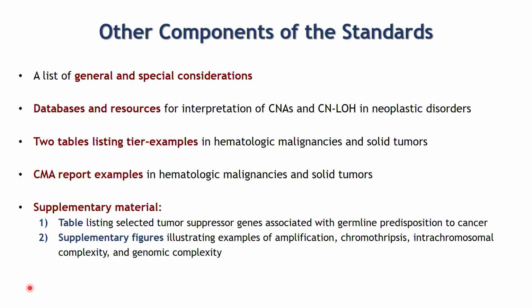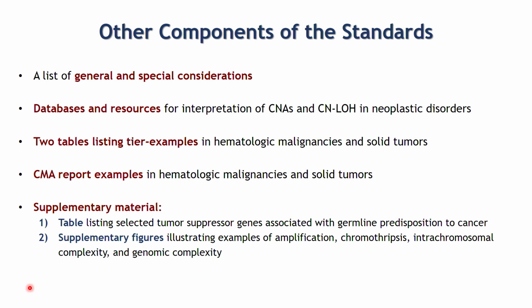In addition to these key components of these technical standards that I reviewed, there are many other components of this manuscript that we will not have time to get into, but there are a lot of general and special considerations discussing some scenarios that you may run into as you are doing review and reporting of copy number abnormalities in tumors, databases and resources that you can use for interpretation, tables that include many more examples than the ones that I was able to show today.